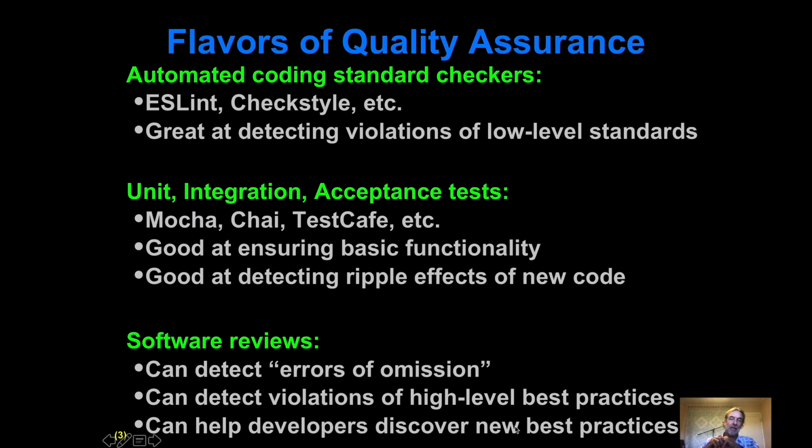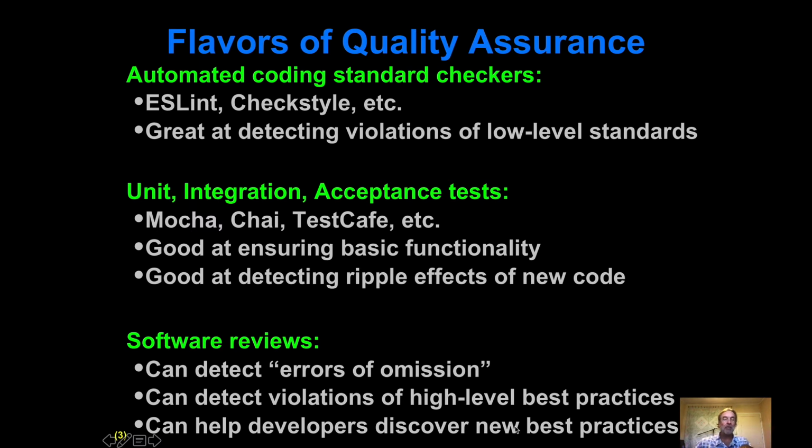And then finally, tests and coding standard checkers have really limited impact on your ability as a team to write code in a consistent way and understand what's the better way to write software.